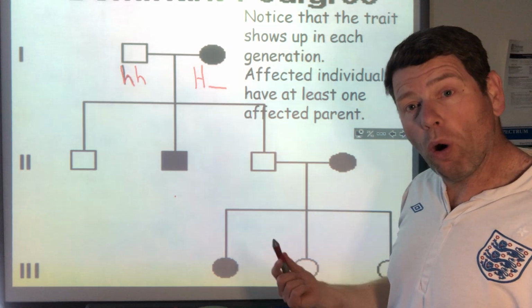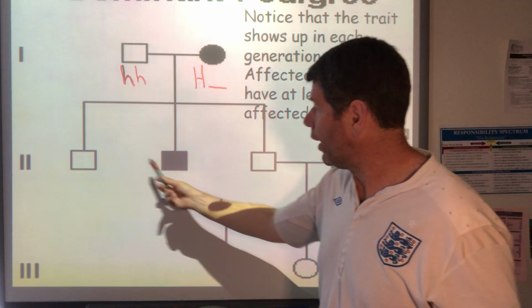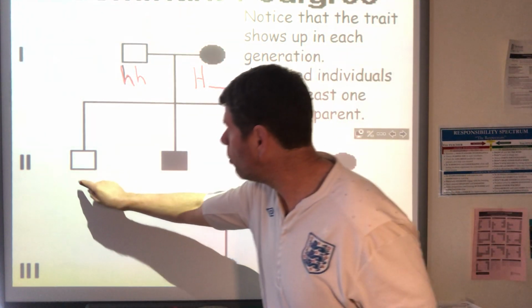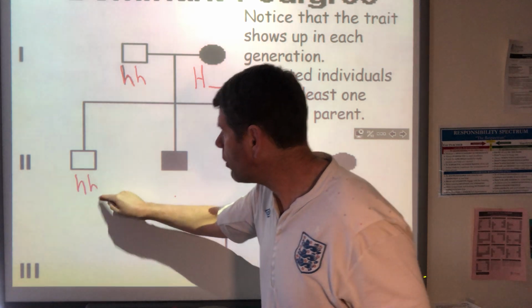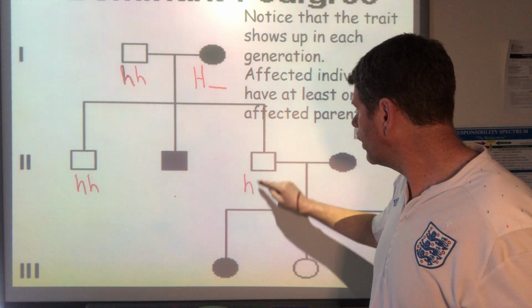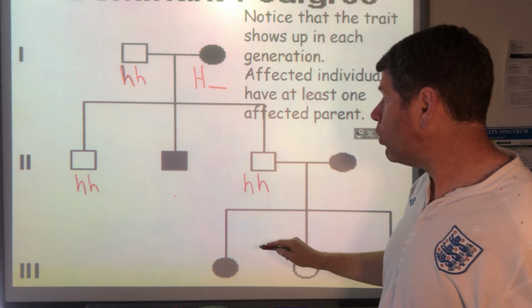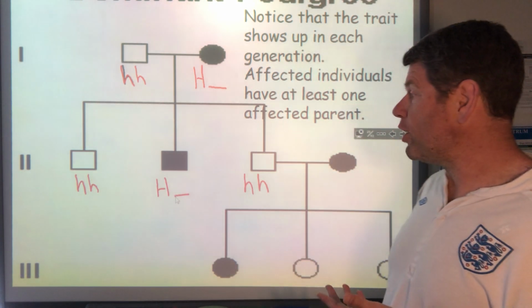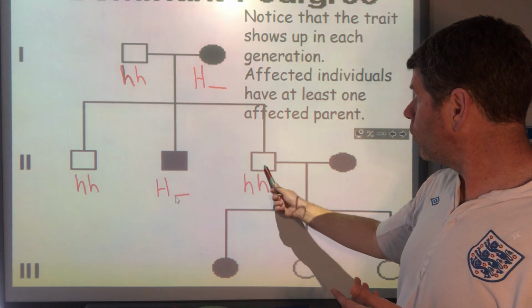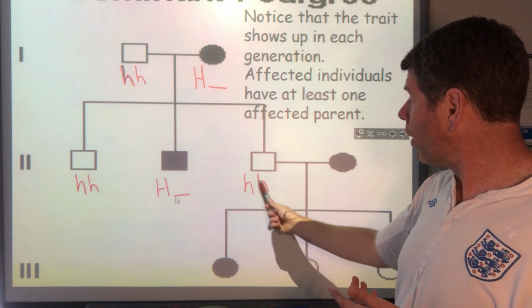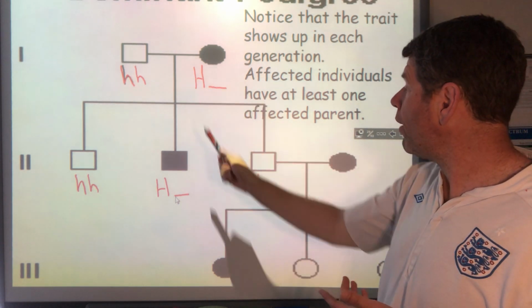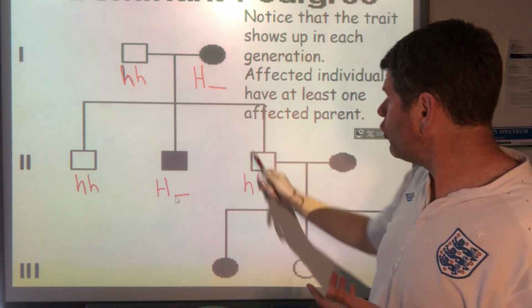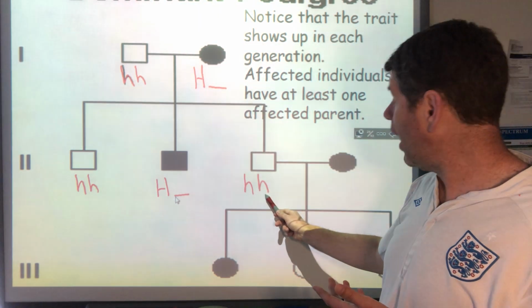Now, how would we know? We could go to the offspring, right? Hey, we see some normal offspring here. Remember, to be normal, you need little h, little h. And so we know that this individual would be in this situation, okay? So normal means, now remember, where did these alleles come from? From the parents. So one parent gave a little h, and the other parent must have given the other little h.